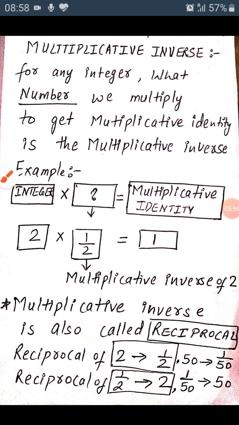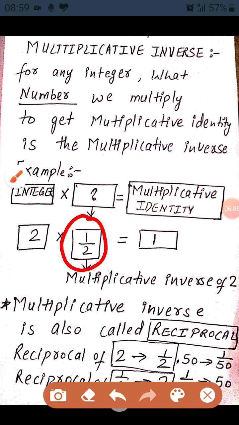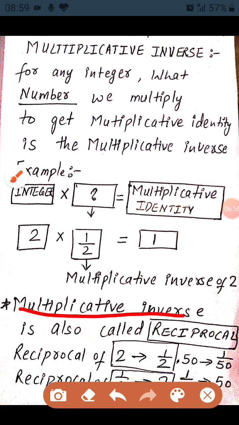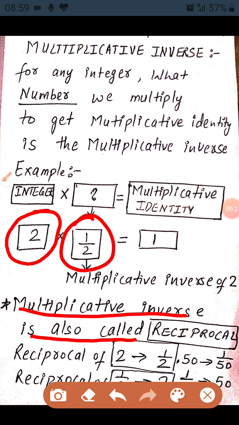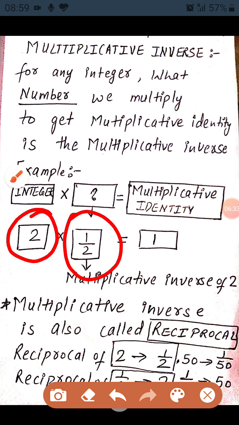Therefore you can say 1 by 2 is the multiplicative inverse of 2. Multiplicative inverse is also called reciprocal, like the reciprocal of 2 is 1 by 2 and the reciprocal of 1 by 2 is 2.